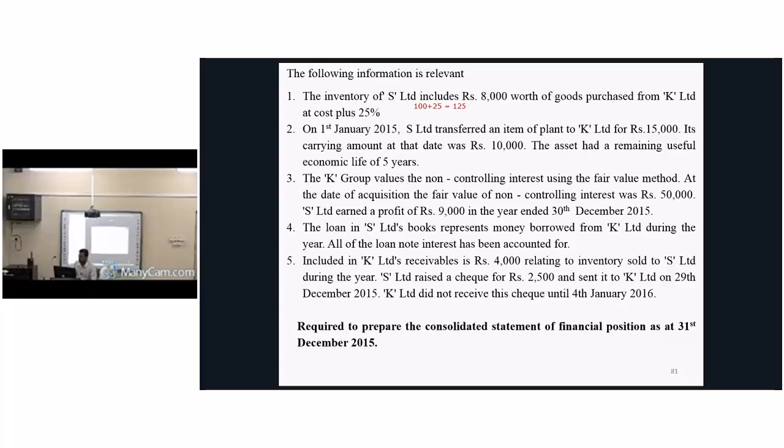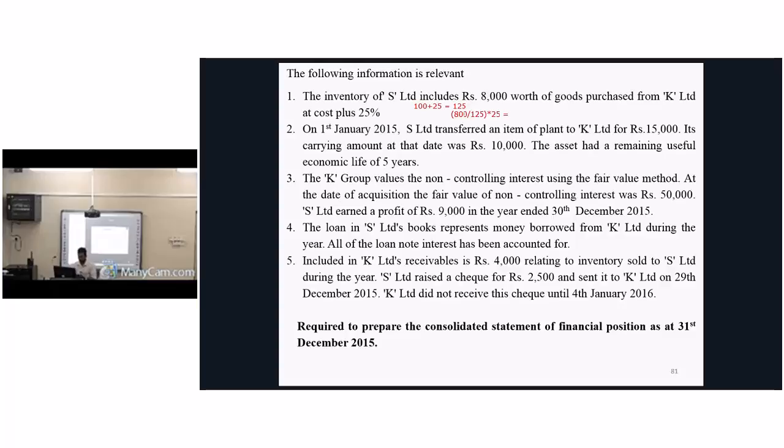What is the price that we have in hand? 8,000 means its selling price, because inventory includes it. So what we have to do is 8,000 divided by 125 and multiply it by 25, then it is unrealized profit.